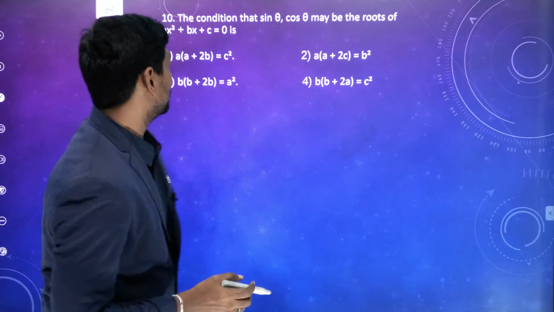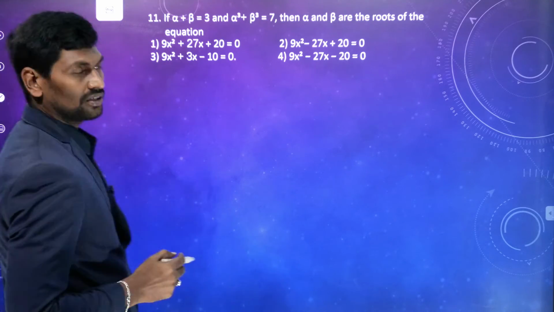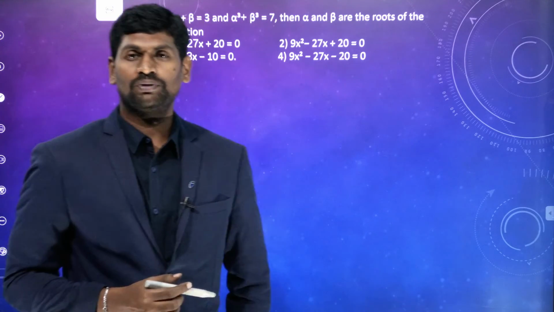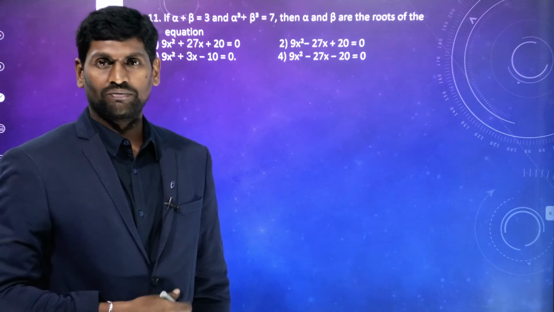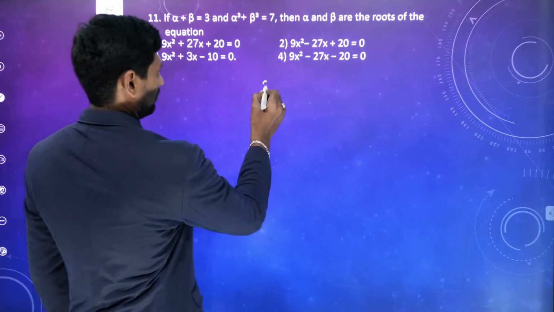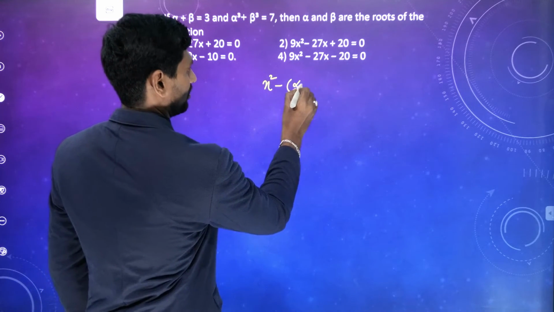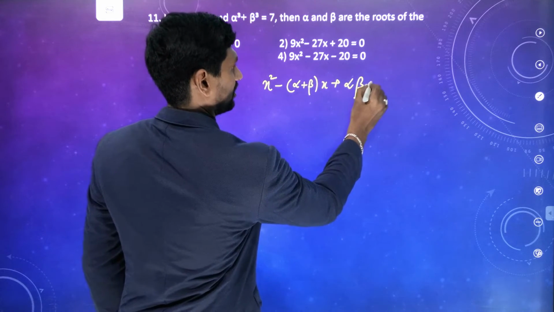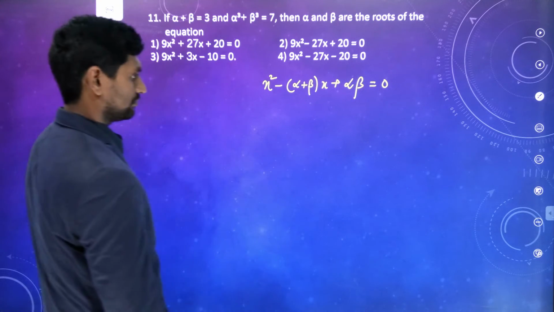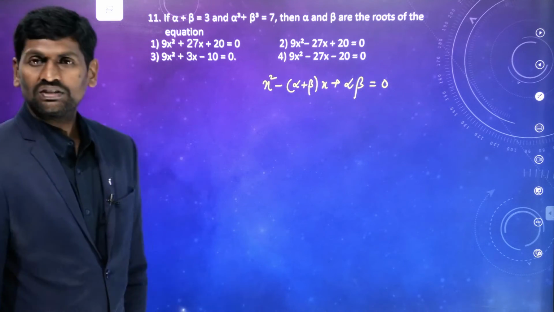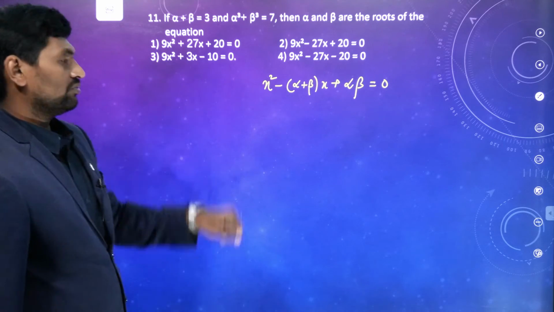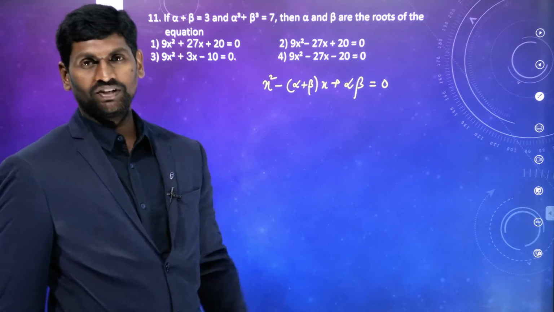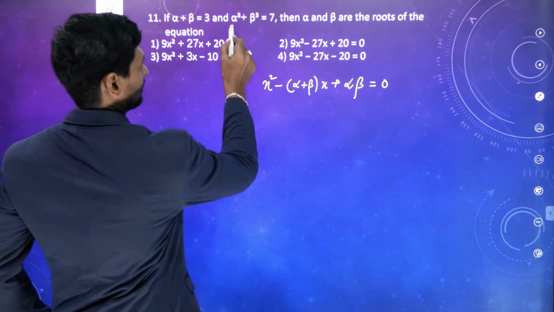If you know the roots of the equation, the general form is x square minus (alpha plus beta) x plus alpha beta equals 0. Alpha plus beta we know; we still have to find alpha beta with the help of this.